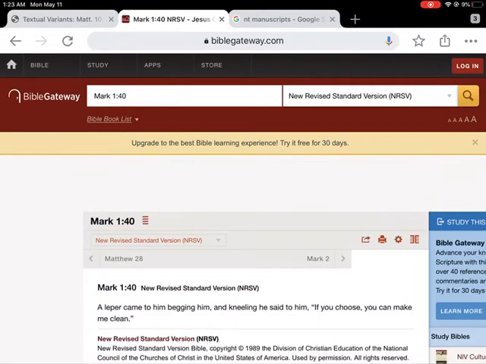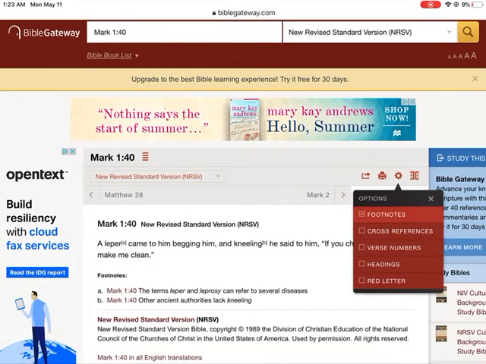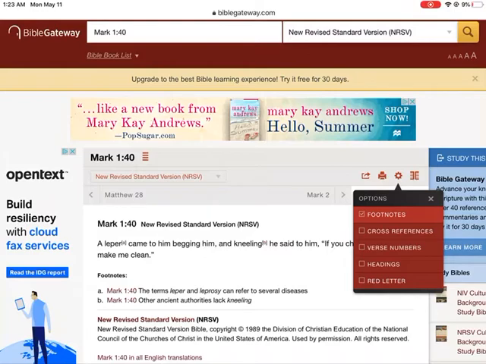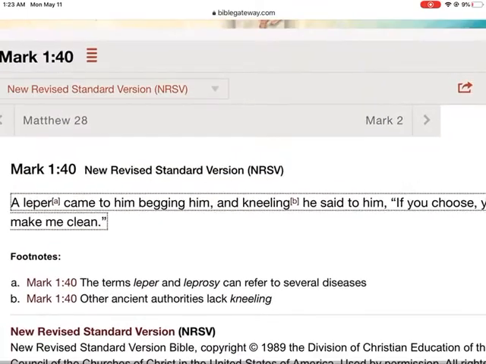All right, so here's Mark 1:40, and I'll have to turn the footnotes back on. And notice there are a couple of footnotes. One of them says that the terms leper and leprosy can refer to several diseases. The other one says other ancient authorities lack kneeling.